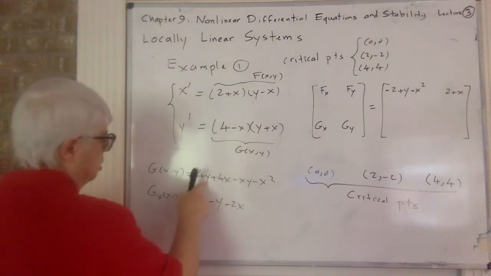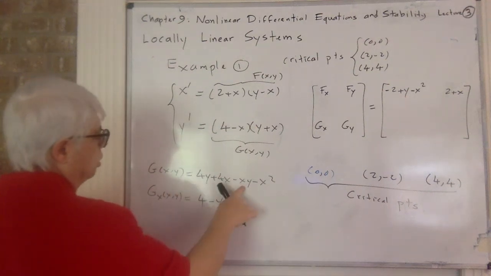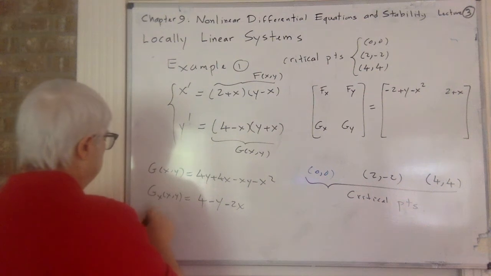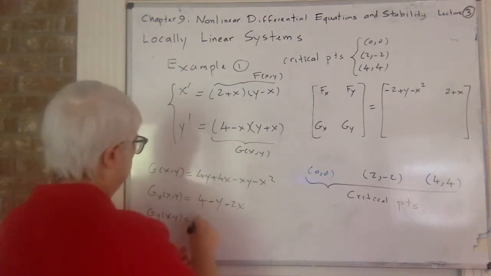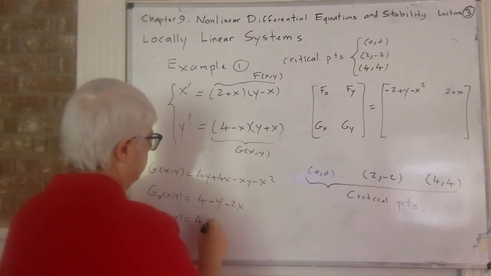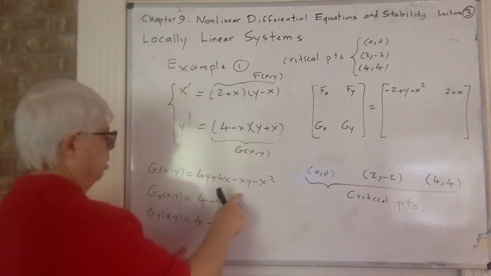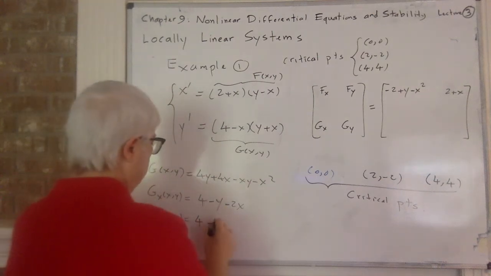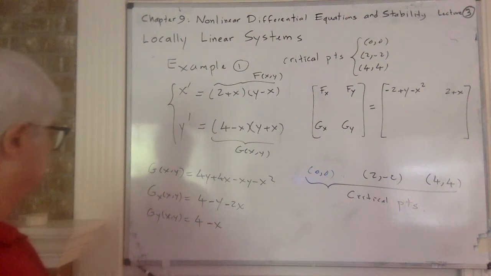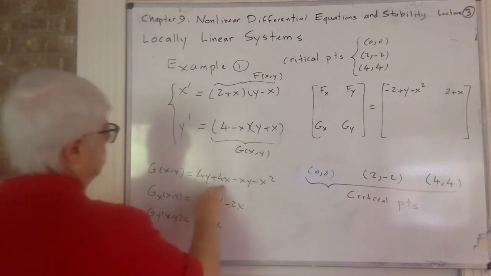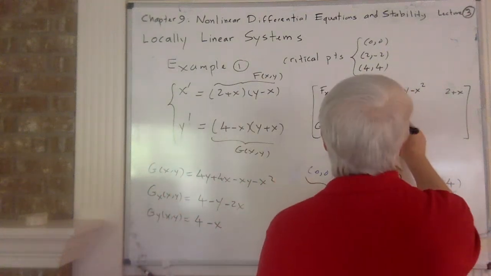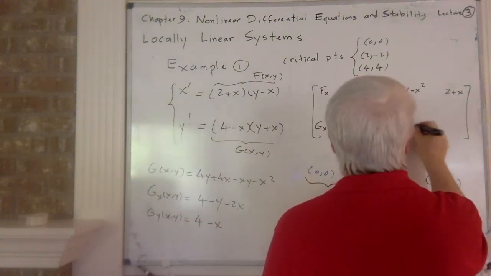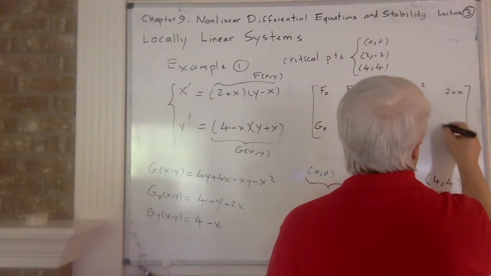With respect to x, this is 0, 4, and this is just minus y, and that's 2x. g_y(x,y) is, I have a 4 again here, and the minus, oh gee, did I? No, that's correct. So that is minus x here, and that's 0, right? So with respect to y, I have a 4 here, 0, and that is minus x here. So 4 minus y minus 2x and 4 minus x.